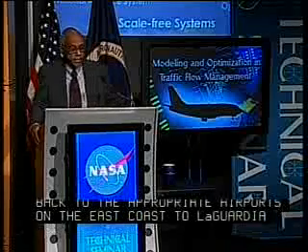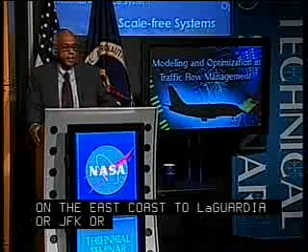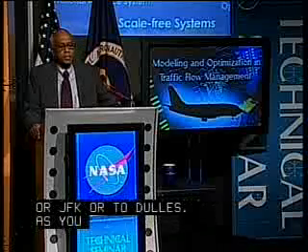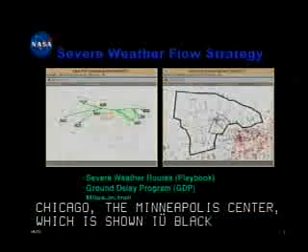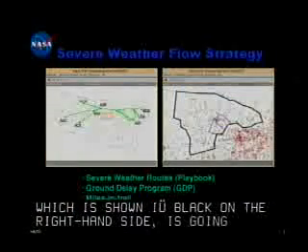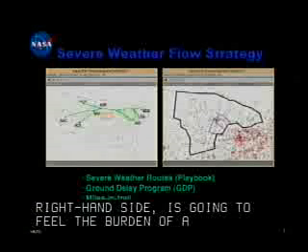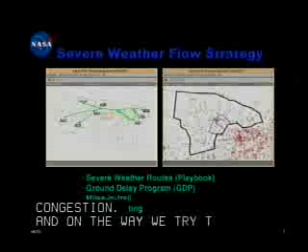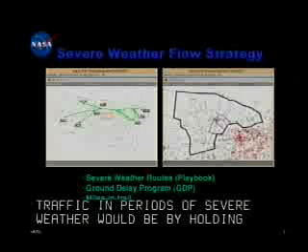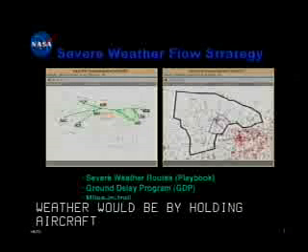Now, as you can expect, when we move all the aircraft north of Chicago, the Minneapolis center, which is shown in black on the right-hand side, is going to feel the burden of a lot of extra traffic, causing congestion. Another way we try to control traffic in periods of severe weather is by holding aircraft at the departure airports. This is called the ground delay program.